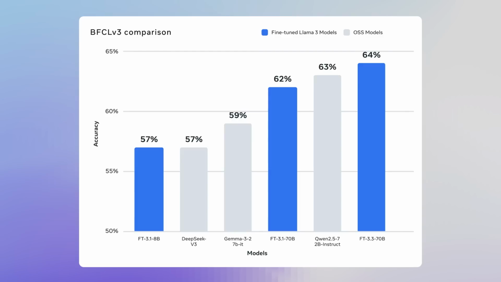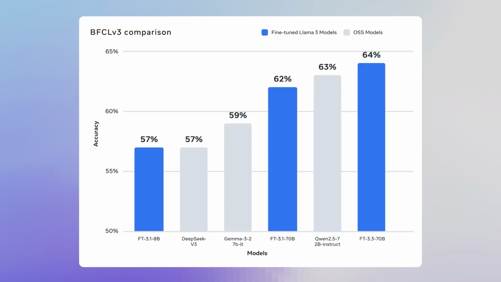So let's break down how this approach translated into concrete performance improvements. Using the same synthetic data recipes and fine-tuning flow, we saw consistent perf gains across Llama model variants. Llama 3 8B showed 6% improvement on tool calling.